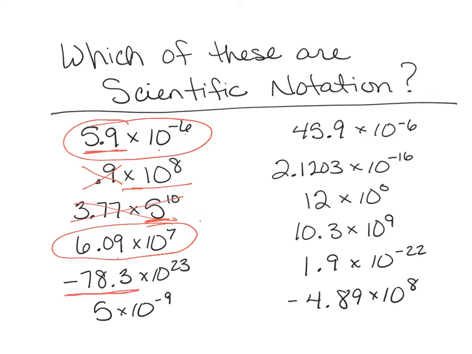This is not between 1 and 10, not scientific notation. 5 times 10 to the power of -9, yes. Even though it doesn't have a decimal, it is still scientific notation. Pause the recording and see if you can pick out which ones in the second column are scientific notation.